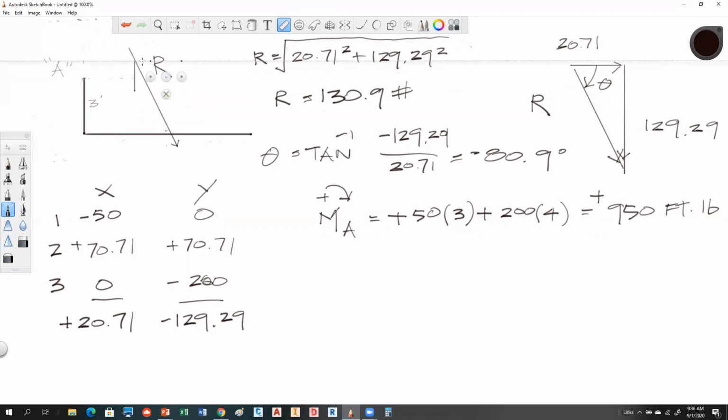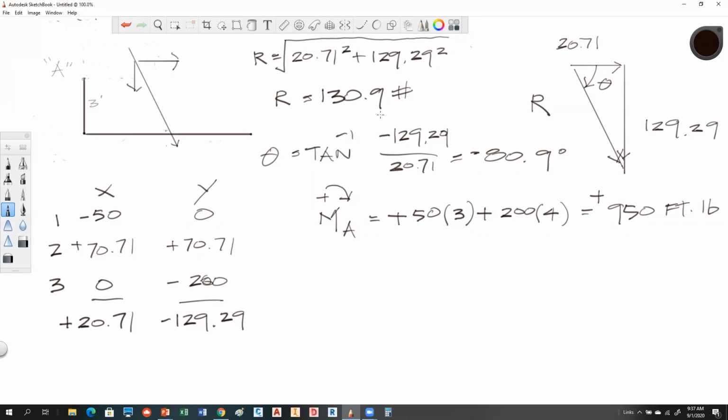and a vector, let me do something here real quick. So I have a horizontal vector and a vertical vector.